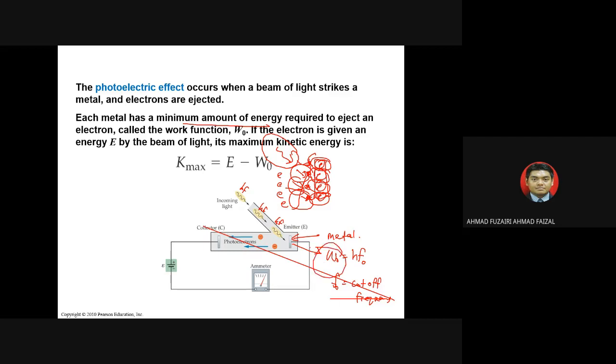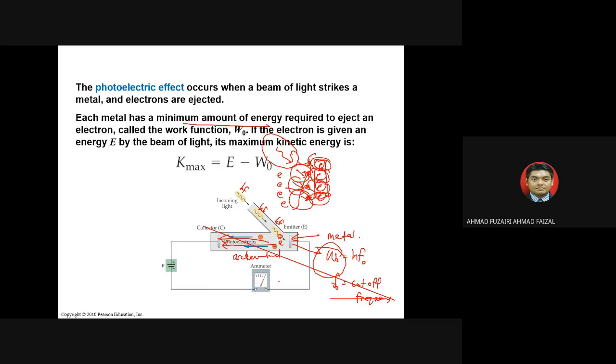work function is here. Okay, so try to imagine light comes as a bundle of packets of energy, and it will strike the metal, striking the electron to release it. And when the electron is released, it will be accelerated to the collector here at a very high speed, in order to complete the circuit.